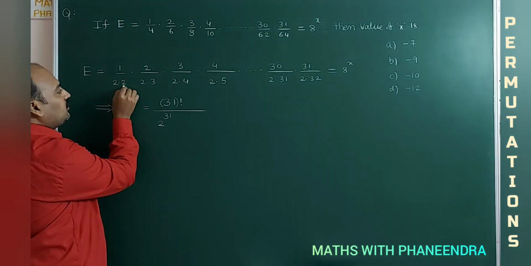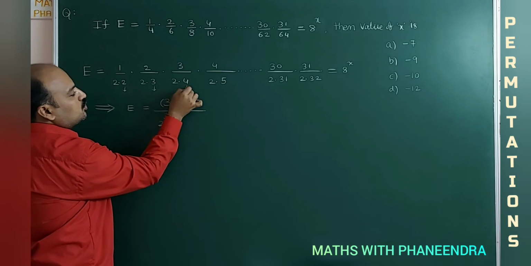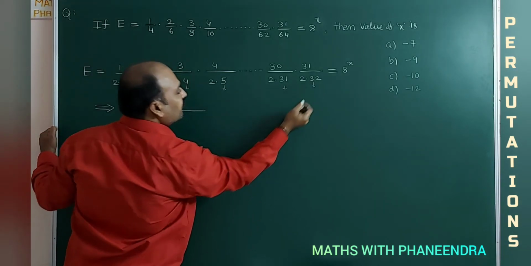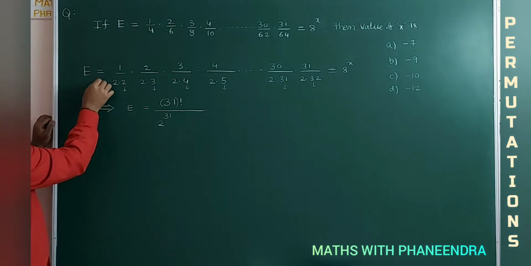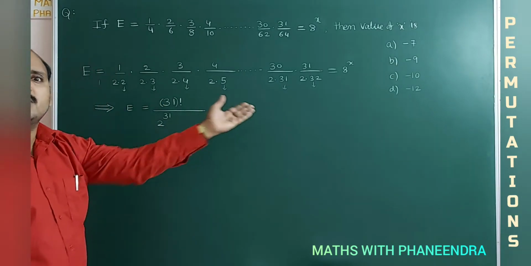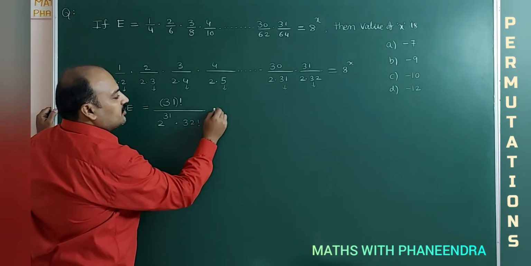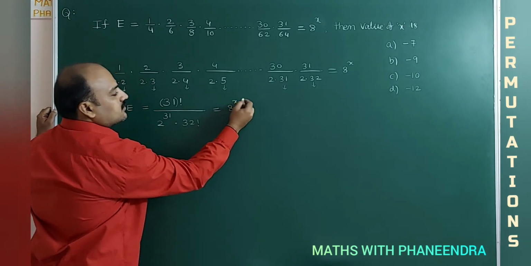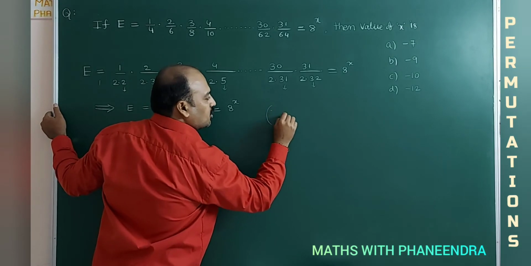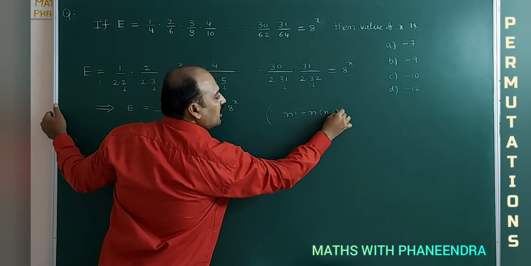Next, here I have 2 × 3 × 4 × 5 and so on up to 31 × 32. Here also we can write 1 here: 1, 2, 3, 4 and so on to 32. So the product of the first 32 terms is 32 factorial. From the formulas of factorial, n factorial can be written as n × (n minus 1) factorial.